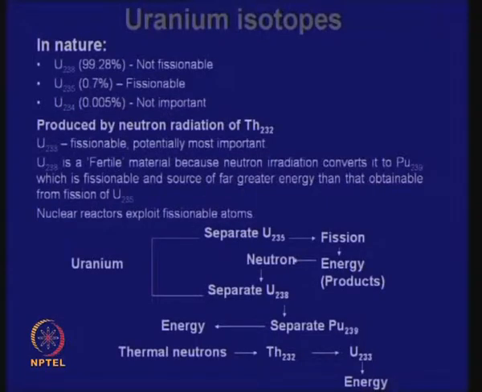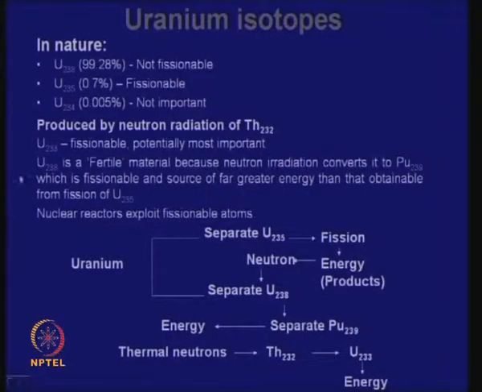So, see the beauty, uranium 99.28%, which is not fissionable, can be converted to plutonium-239, which is fissionable. So, it is called fertile material. By itself it is not fissionable, but it gives rise to fissionable material.